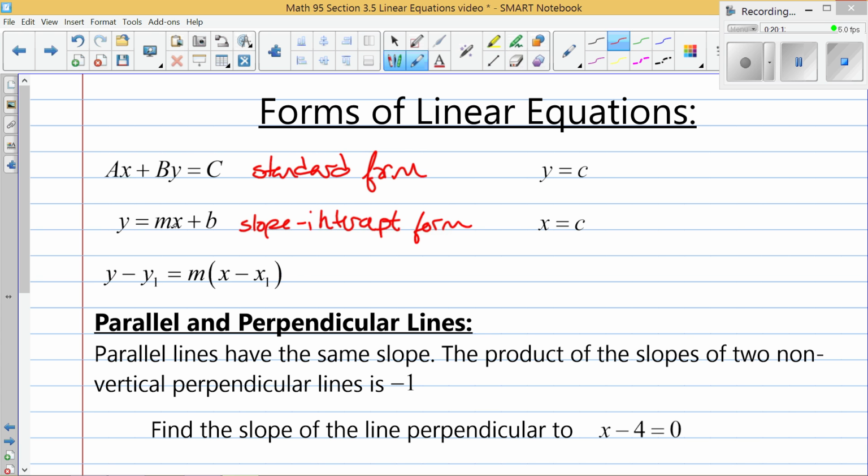And then we have this crazy looking form. This is our point-slope form, which is really, really handy if we have to figure out the equation of a line from maybe two points or from a graph. Once I identify the slope using the slope equation, I can plug in one point with that slope and quickly get to either of my other two.